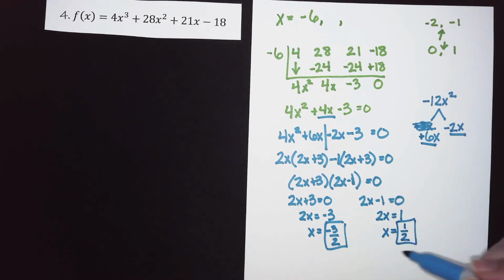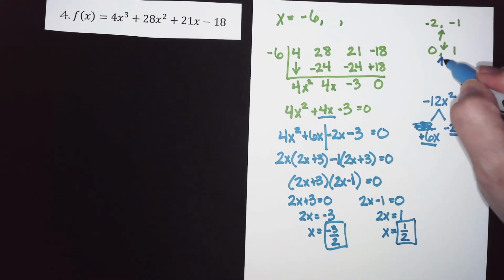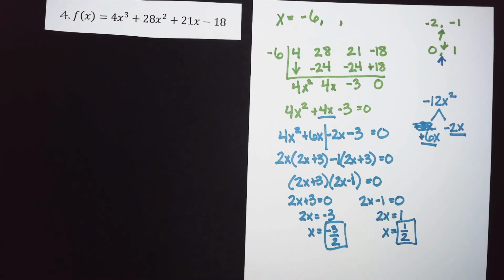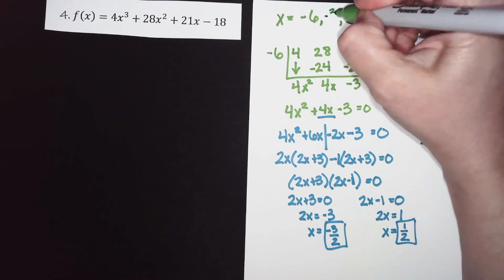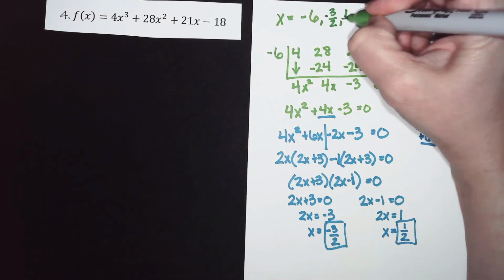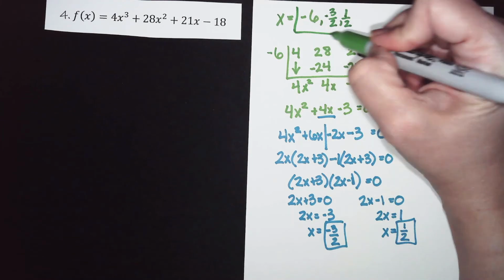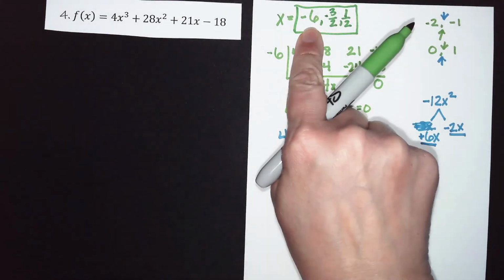So positive 1/2 is in between 0 and 1. -3/2, which is -1.5, is in between -2 and -1. So my real zeros are -6, -3/2, and 1/2. Don't forget the one that you get to start with.